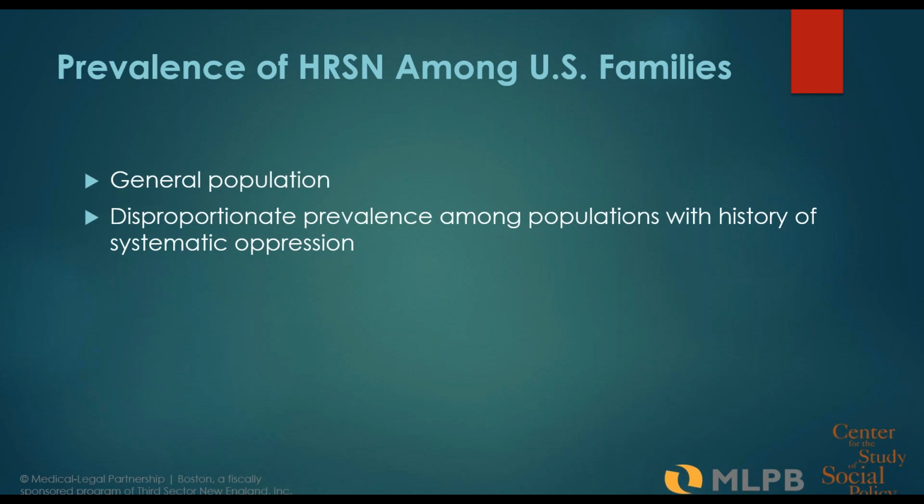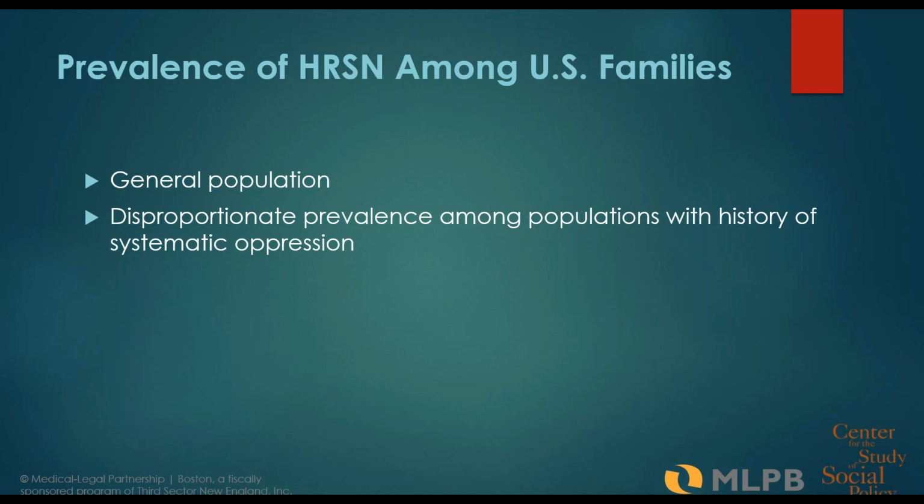Over 60% of Native American, African American, and Latino children live in low-income families, as compared with 30% of Caucasian children. Over 30% of Native American, African American, and Latino children live in families with income below the federal poverty level, compared to 12% of Caucasian children.